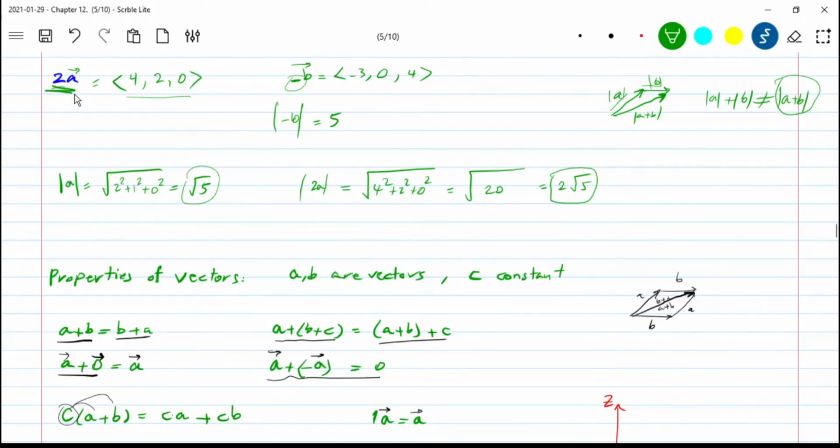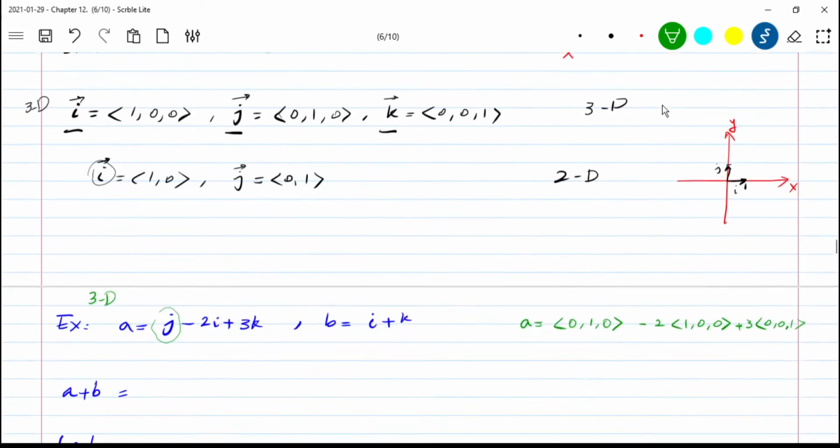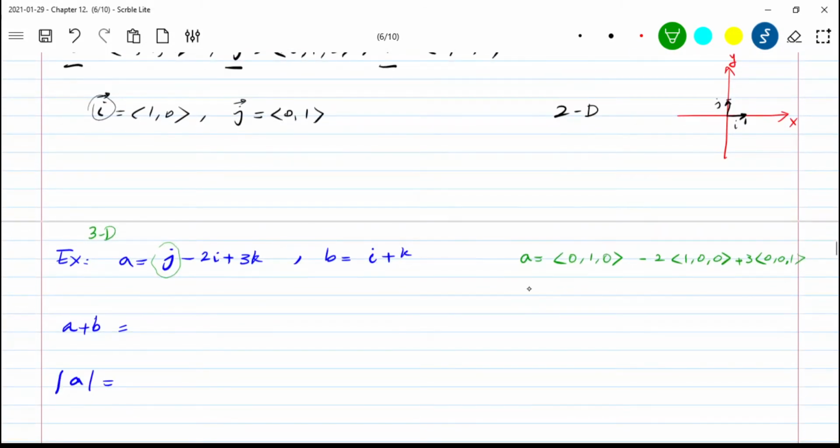But we learned that if you multiply a constant to a vector, you just multiply that constant to every component because you're rescaling the vector. So what we get for A is 0, 1, 0 plus negative 2 times 1, which is negative 2, 0, 0, and plus 3 times that, which is 0, 0, 3. There's a faster way to do this, but I want you to see generally how you add the components of the vector.